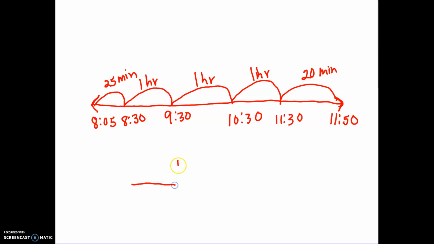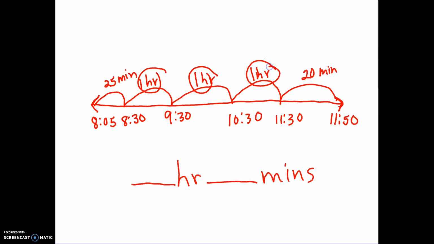So what I need to find out is how many hours and how many minutes our morning is. Well, I see 1, 2, 3 hours, and I've got 25 minutes and 20 minutes.